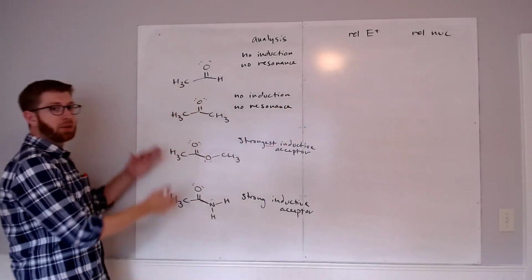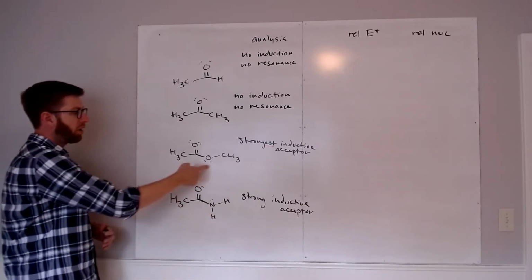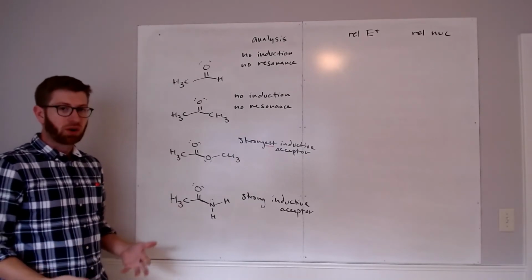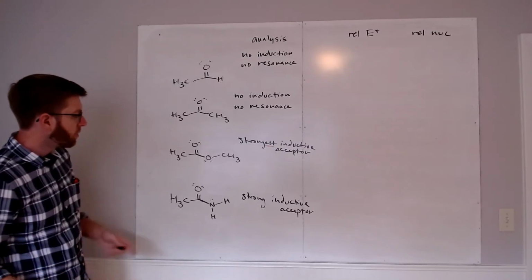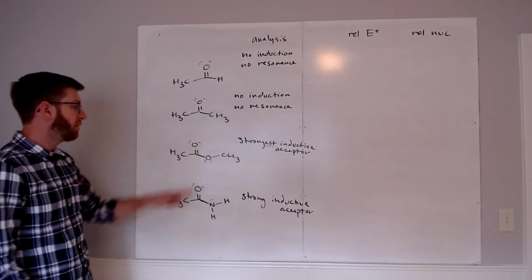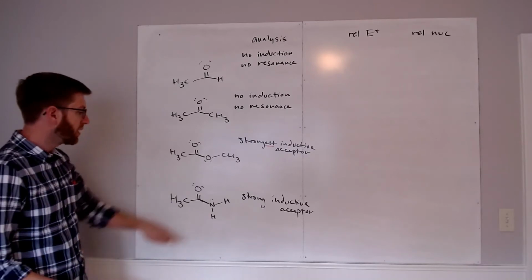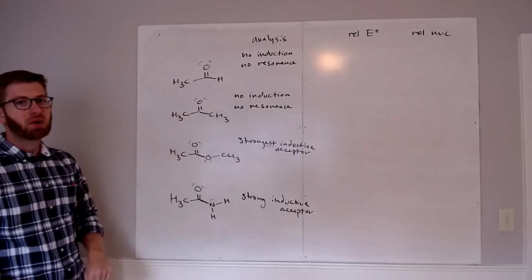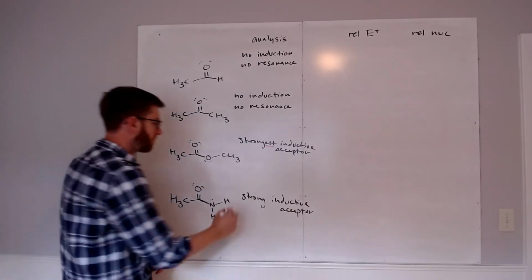And again, my methoxy group and my NH2 group, I need to make a decision about, of the oxygen or the nitrogen, which is a better resonance donor. I know they're both donors. We've talked about that before. So we know the nitrogen is less electronegative than oxygen, and they're about the same size, both second row elements. So we could say that the nitrogen is the strongest resonance donor, whereas the methoxy group is a strong resonance donor.